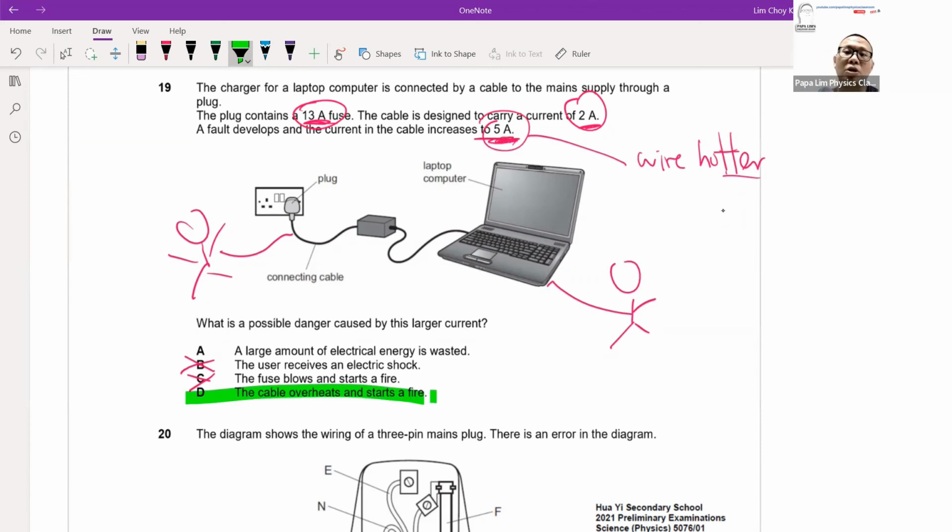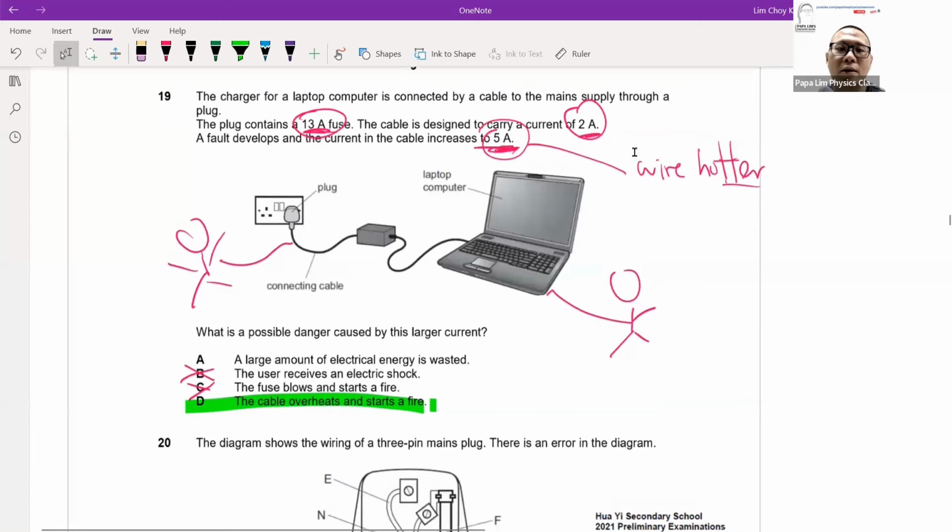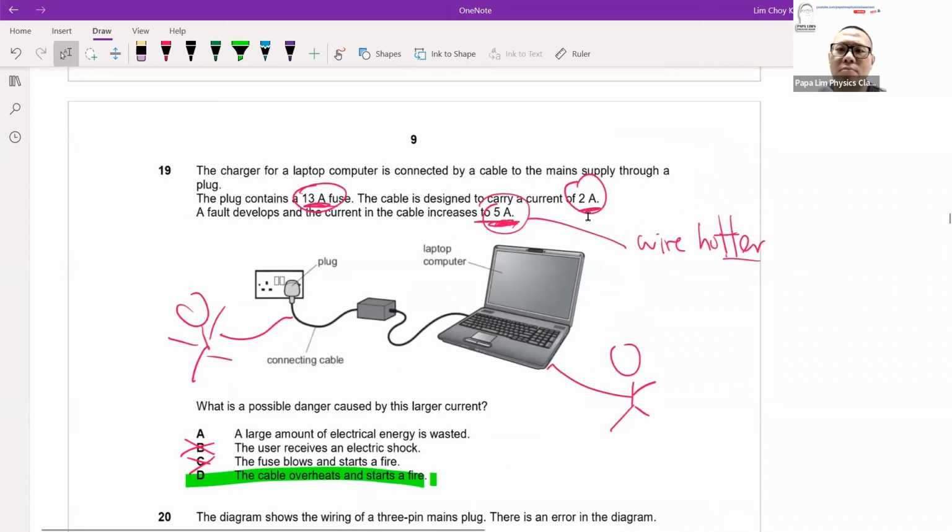So this is one of the dangers of using a fuse that is higher than the possible fault current. For example, if I design a 2 amp cable to hold 2 amp, but the common fault I'm looking at is only 5 amp or 6 amp, and I use a 30 amp fuse, my fuse rating is too high.